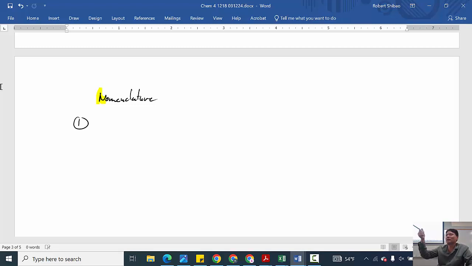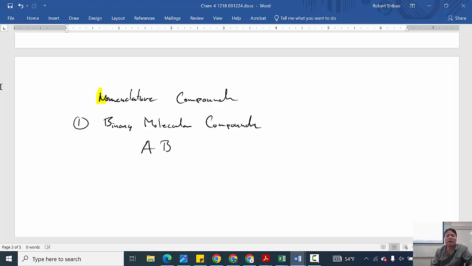Do you guys know the nomenclature of the elements? Yeah, I think we talked about it. Let's look at nomenclature of compounds, primarily. And so the first are the binary molecular compounds, where we're going to have element A and element B in some ratio. We'll call it X to Y ratio.